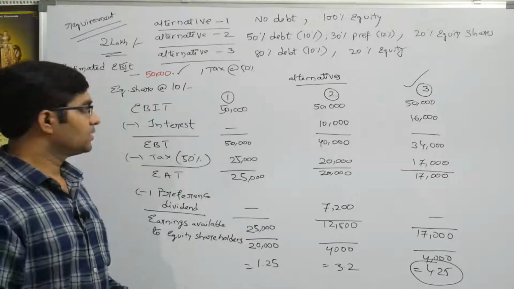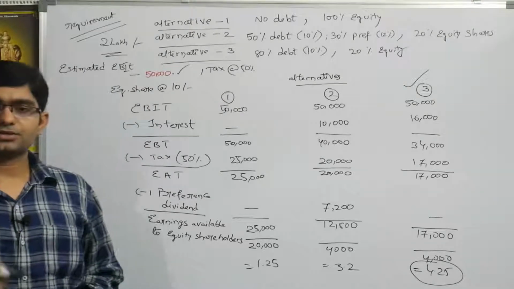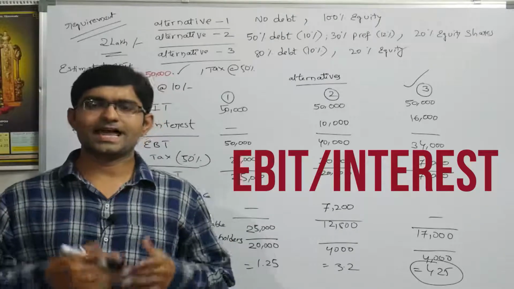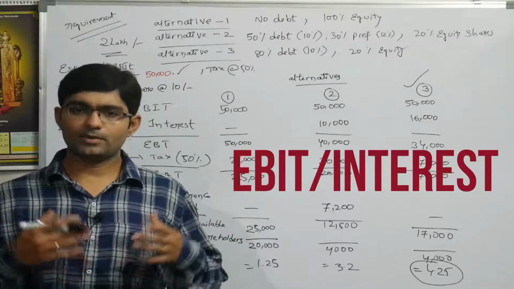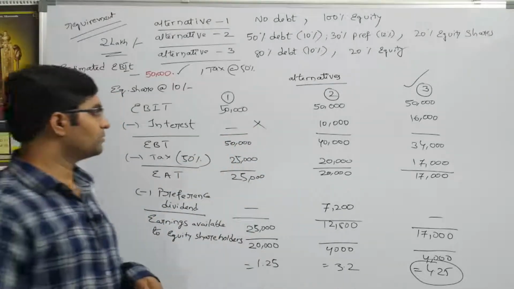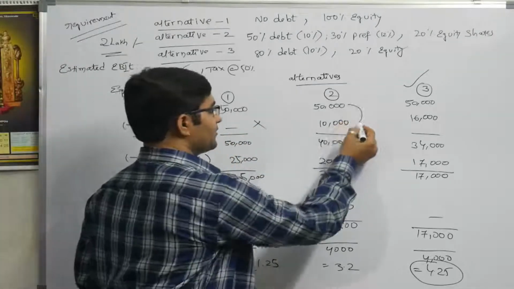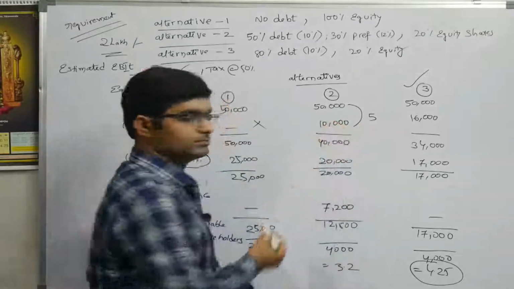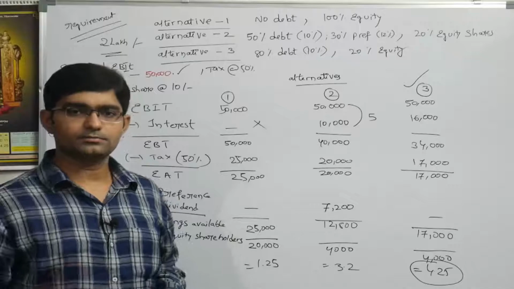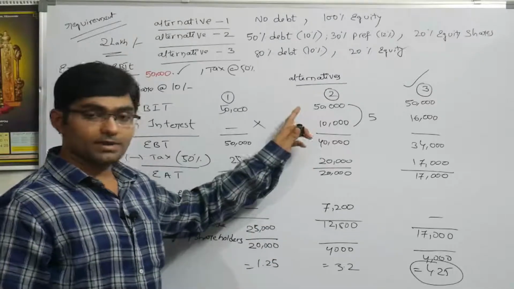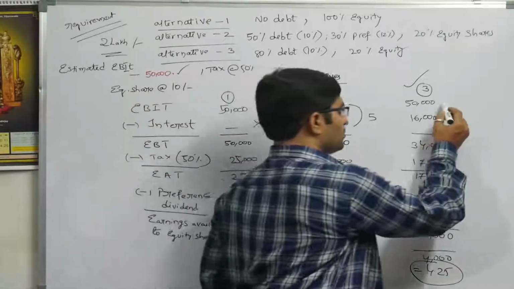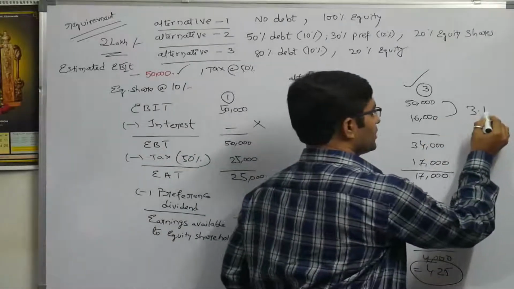So what is interest coverage ratio? EBIT by interest, that is earnings available for payment of interest. Here there is no debt, no problem. Now EBIT by interest comes to 5. 5 times your interest is covered by EBIT, by earnings, operational income. Now 3.125.